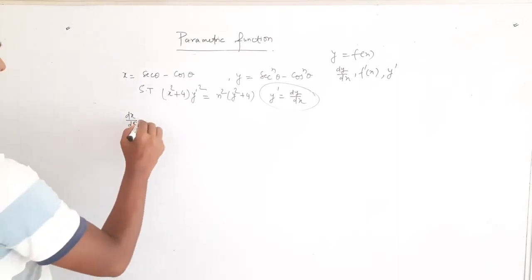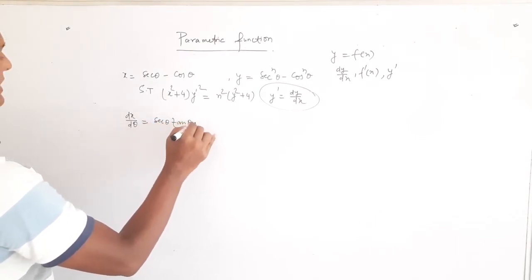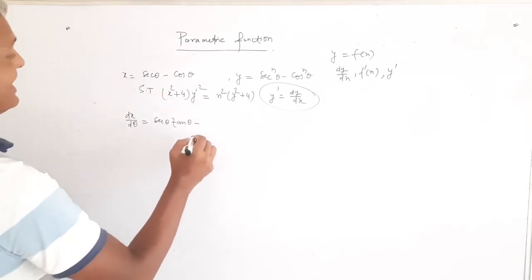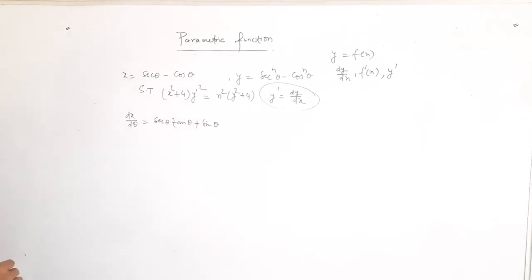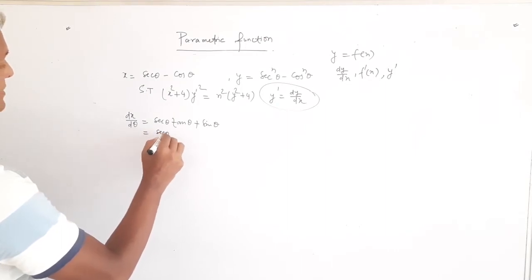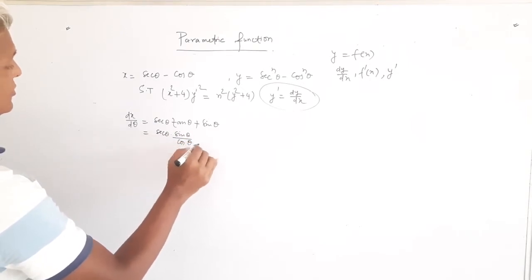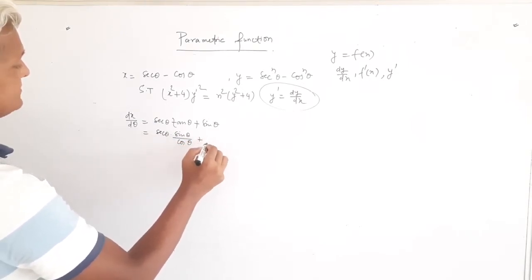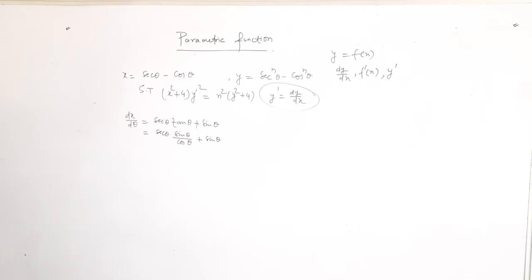dx by d theta is: differentiation of sec theta is sec theta tan theta, minus differentiation of cos theta, which is minus sin theta. So this becomes plus sin theta. Now what can you take common? Sec theta into sin theta upon cos theta plus sin theta.